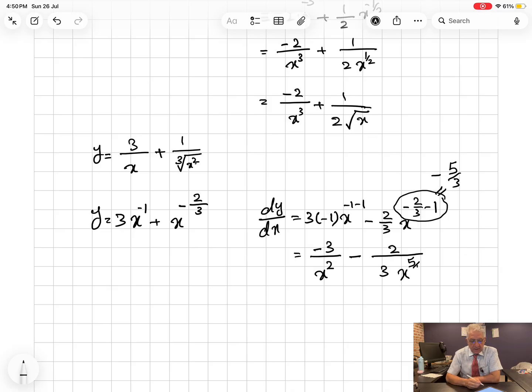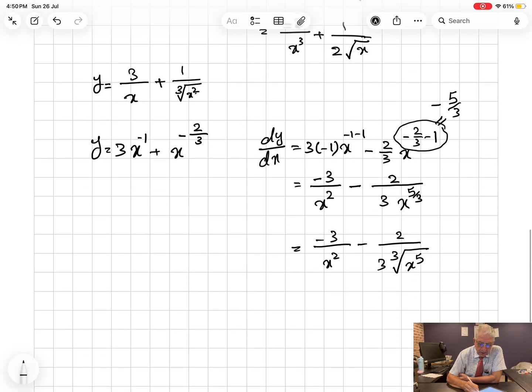Therefore, you can write minus 3 over x squared, minus 2 times 3, the third root of x to the power of 5. X to the power of 5 means x to the power of 3 times x to the power of 2. You can take it out if you like. Therefore, x to the power of 3 can come out as x here, and the third root of x squared.